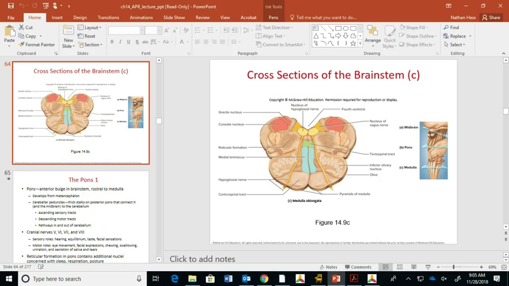There are all these different names of these different nuclei and different centers in these different parts of the brain. I just want you to be aware of them. And your textbook, I think, does a great job of showing you those pieces. Page 517 is where this diagram is, showing you the different pieces that are involved with the medulla. Any questions there?